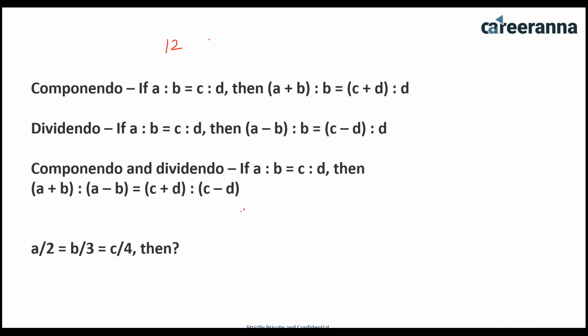Okay, very good, Sucheta. 6 by 4. It should be 4 by 3 equals to... Sucheta, this is not possible because this is not equal to this. These numbers are not in proportion. These numbers are in ratio.